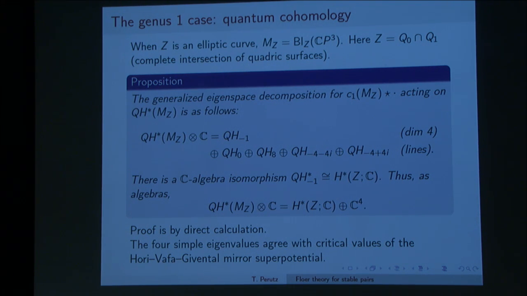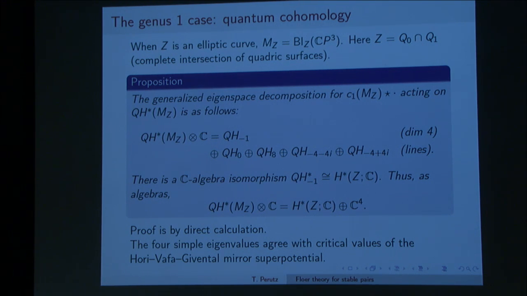As an algebra, that part of quantum cohomology is isomorphic, quite non-trivially, to the cohomology algebra of Z itself, with gradings reduced mod 2. Okay, so as algebras, the quantum cohomology is the cohomology of Z plus a semi-simple part, C to the 4th.